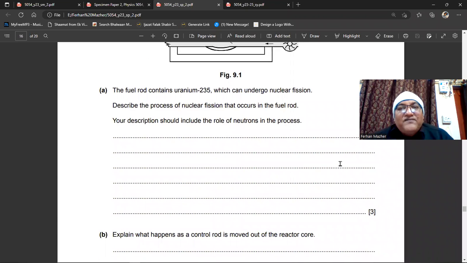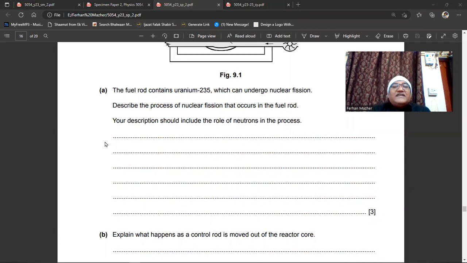The question is: the fuel rod contains uranium-235, which can undergo nuclear fission. Describe the process of nuclear fission that occurs in the fuel rod. Your description should include the role of neutrons in the process.